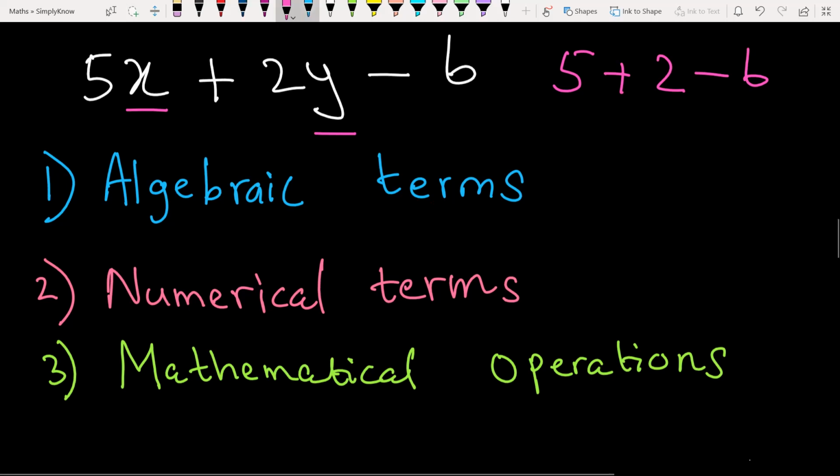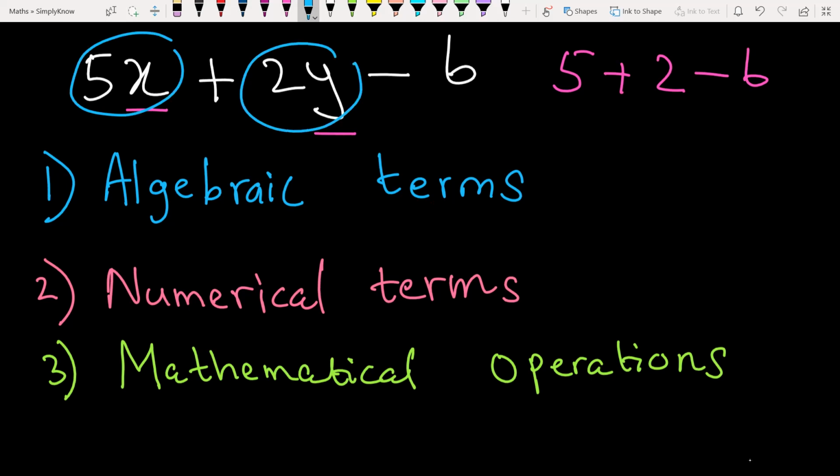Here it's 5x, 2y. Also numerical terms. Here it's 6. And also mathematical operations. In this example, we got an addition and a subtraction. Did you notice this? The terms of an algebraic expression are connected by additions and subtractions.